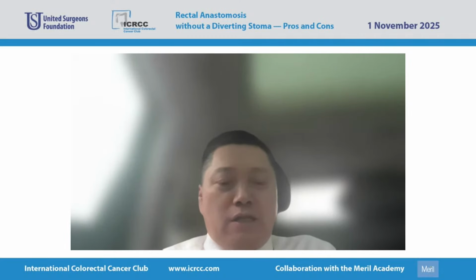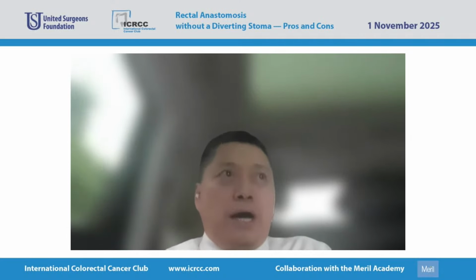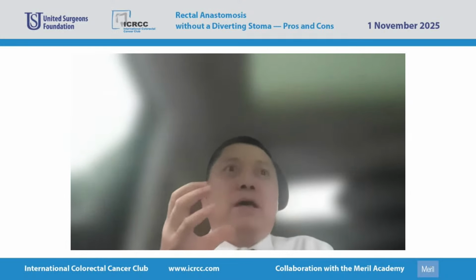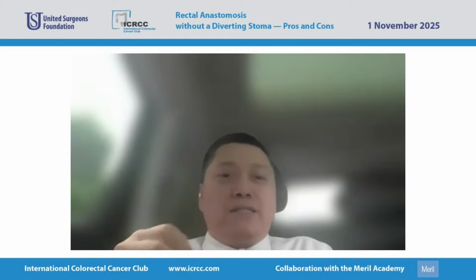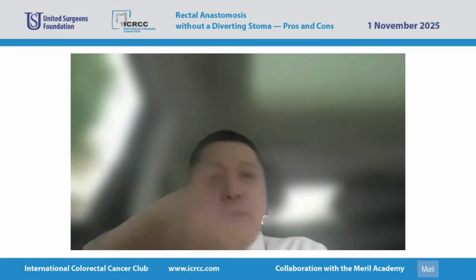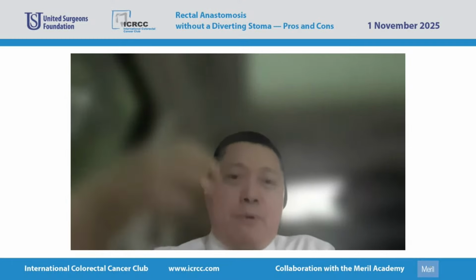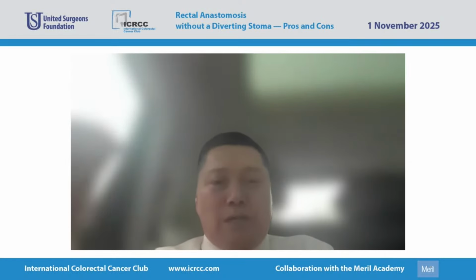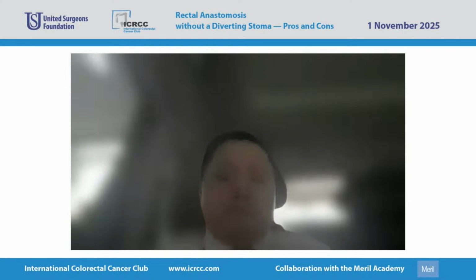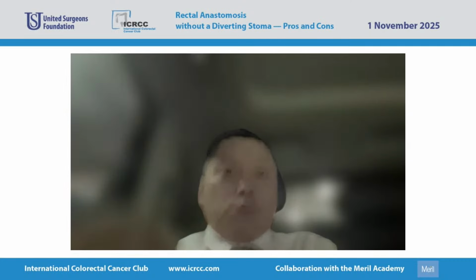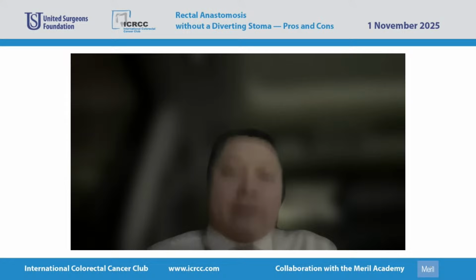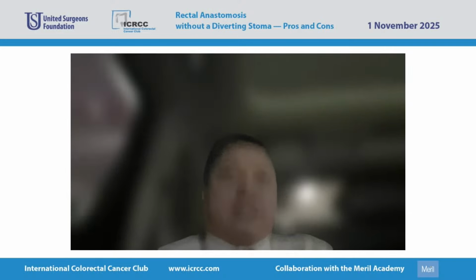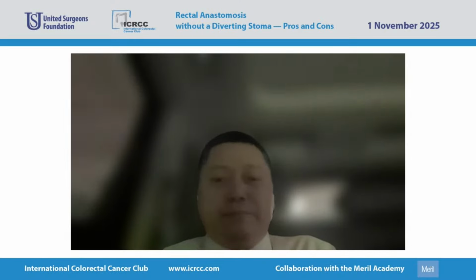But in this clinical trial, we use a stent like you just described. It's like a plaque. The fecal matter cannot pass this stent, so it is all blocked. And then in the proximal ileum, we use a mushroom-like tube to drain the fecal matter. This is the difference between the conventional stent and the stent we use for this clinical trial.